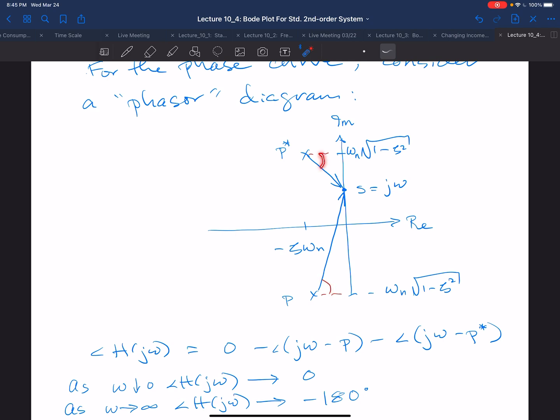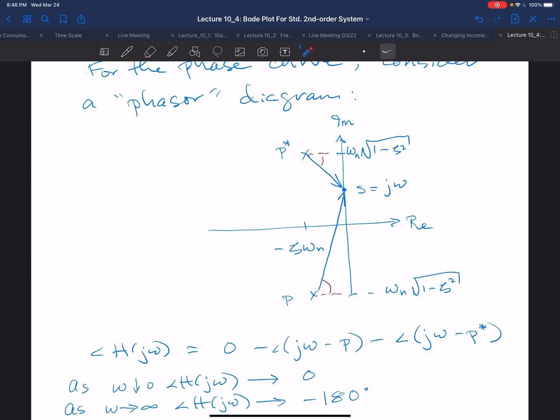So each pole will, by virtue of the fact that they're in the denominator of the transfer function, contribute minus 90 degrees to the angle of H of j omega. Each of these angles will tend toward plus 90 degrees, but they each have minus signs in front of them because they occur in the denominator of H of j omega.